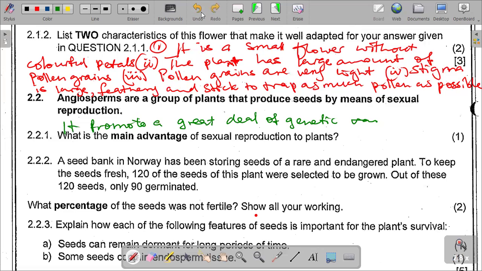If plants are in any population or species, the advantage of variation is that we cannot have mass extinction, class. Organisms cannot all die at once, which is a good advantage. Survival of the fittest is a good advantage in sexual reproduction.